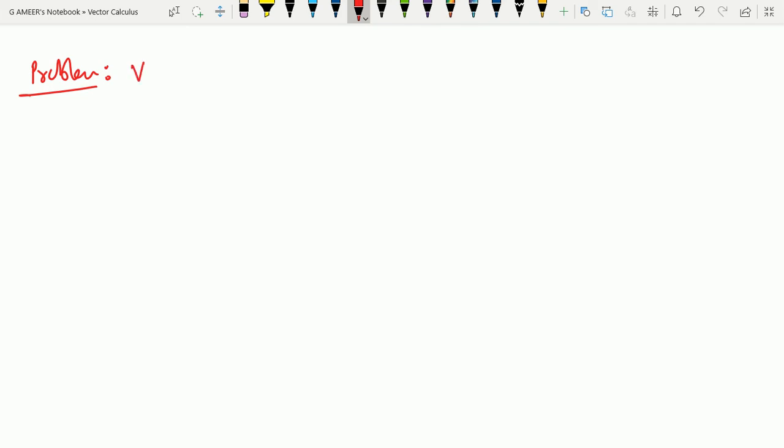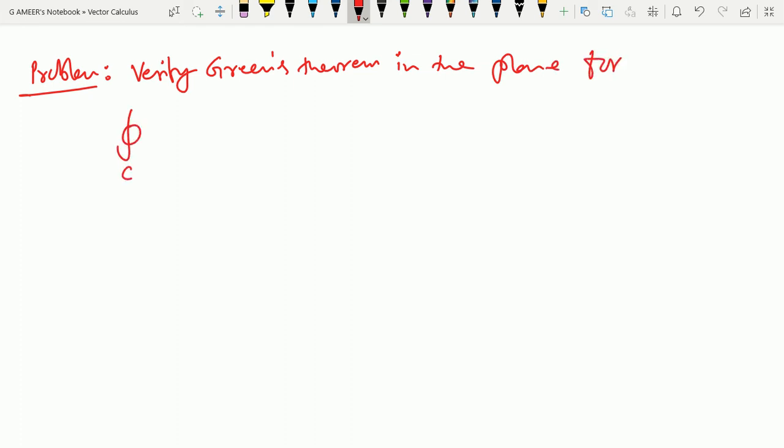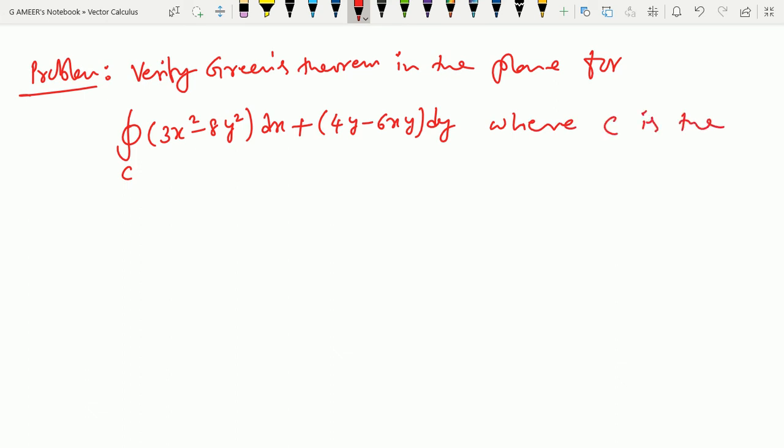Verify Green's theorem in plane for the integration across a closed curve of 3x square minus 8y square dx plus 4y minus 6xy dy, where C is the region bounded by y equal to root x and y is equal to x square.